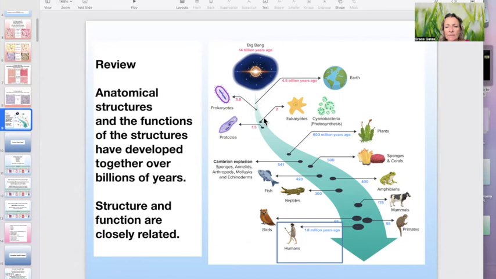Then more complex cells developed about 2 billion years ago, and so on and so on, until about 1.8 million years ago, humans developed. So there was a lot of time for structures and functions to develop together. There was a structure that was good at performing a function, then it would be chosen evolutionarily, and it would persist.